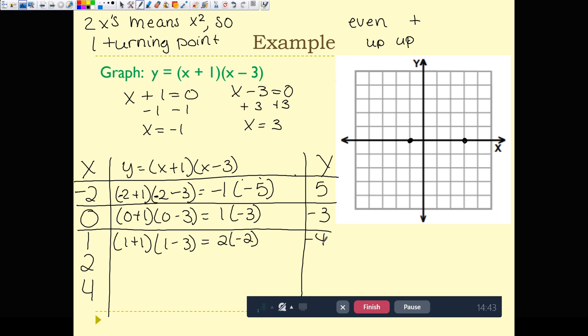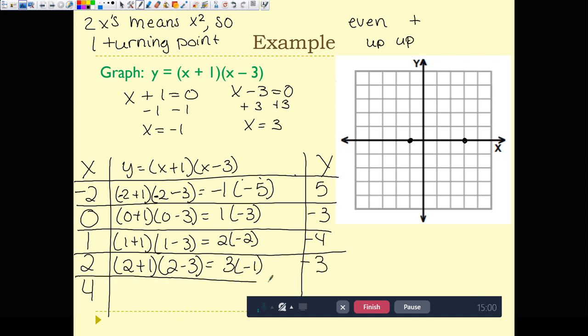Substitute in 2, so 2 plus 1 and 2 minus 3. So that's going to be 3 times -1, which is -3. Substitute in 4. 4 plus 1 and 4 minus 3. So that's going to be 5 times 1, which is 5.